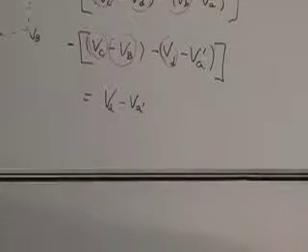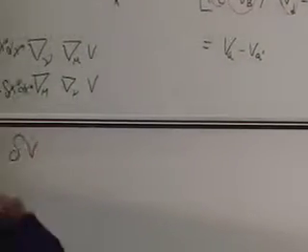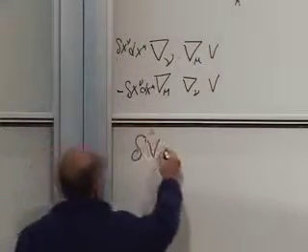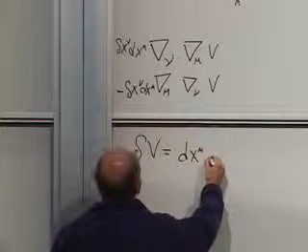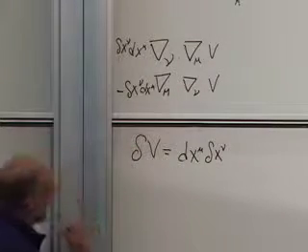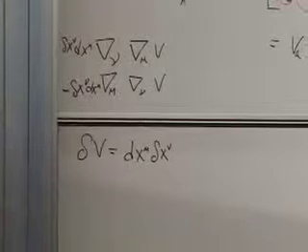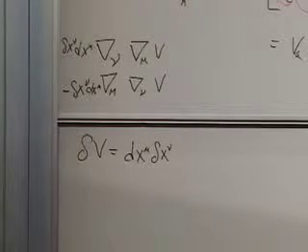So what have we found? We found that the change in V when you go around a closed loop, first of all, contains these little differential elements, dx^μ and δx^ν. That's the little area element contained in the rectangle, or parallelogram. It doesn't have to be a rectangle, it could be a parallelogram.